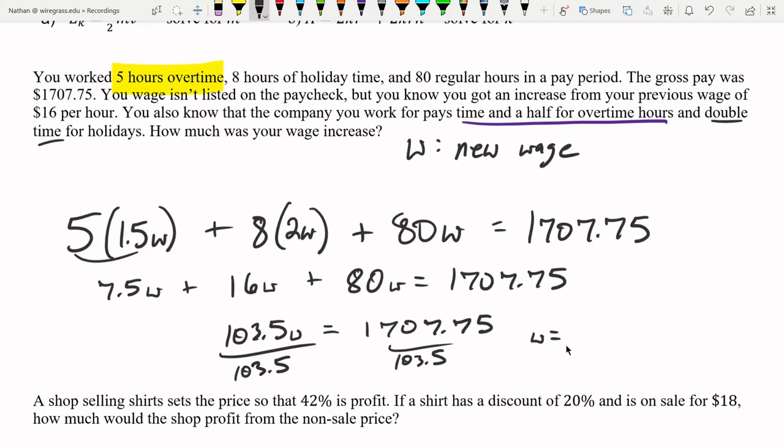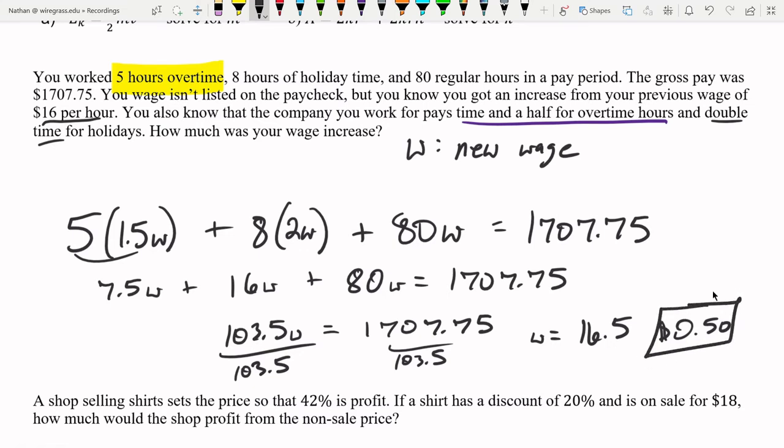And double checking my math there. We get 16.5 for the new wage. That means our increase is just the difference between 16.5 and $16 per hour. So it's going to be a 50-cent increase.